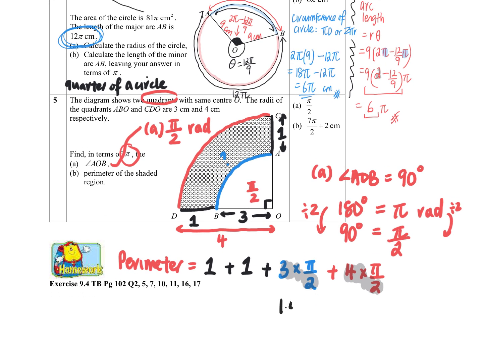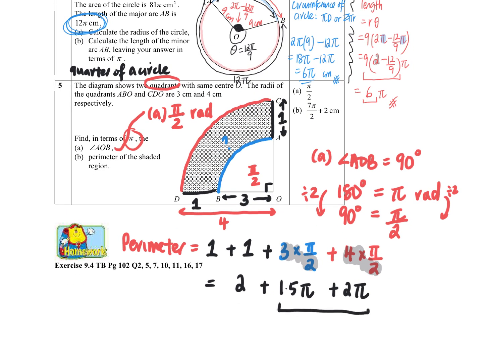So this one should give you 1.5 pi. This one gives you 2 pi. Leave the pi alone. So when you finally simplify, it's like what Fikri said, 3.5 or 7 over 2 pi plus 2. So just leave your answer like that. In terms of pi means don't go and press the calculator pi out.